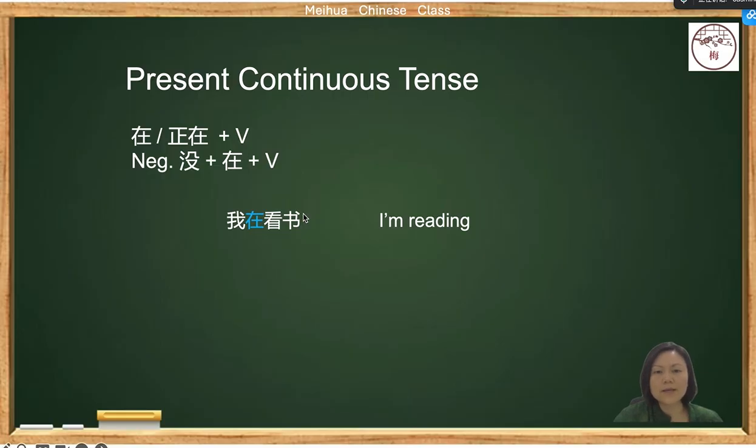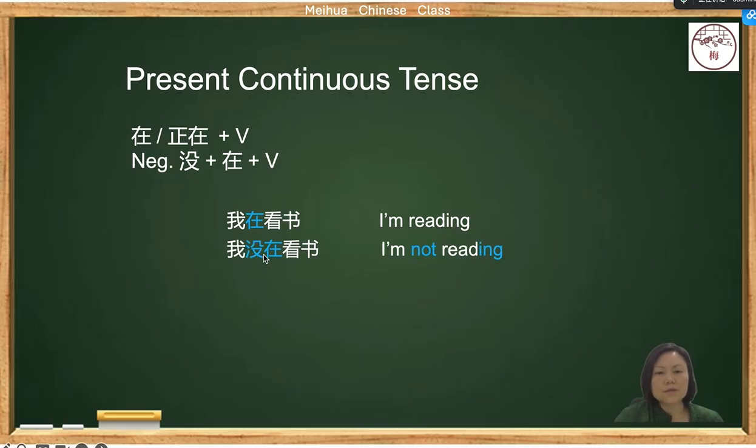I've explained the word structure in one of the previous sessions, right? This is a V plus O structure verb. So the whole word or phrase, if you think it's a phrase, is the predicate. So before the predicate, we add the character 在 to indicate something is ongoing, is happening. 我在看书 means I am reading.